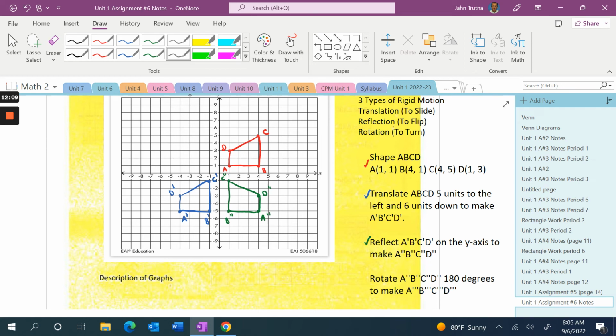Trace A double prime, B double prime, C double prime, D double prime on your tracing paper, and then also trace just a little t right where the x and y-axis intersect. What I'm explaining, and I can't show this, is that you're going to trace this green shape right here, A double prime, B double prime, C double prime, D double prime, onto your tracing paper.